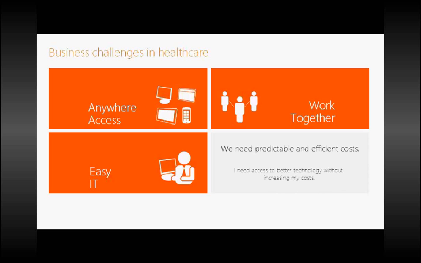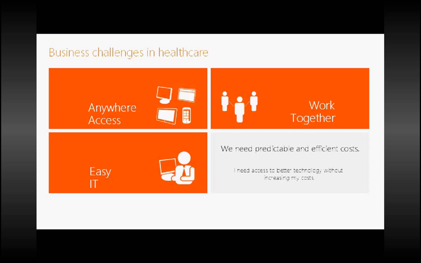We need predictable and efficient cost. Who doesn't, especially at this time? In healthcare, I understand that there are tons of issues going on all at a moment's notice, especially with billing and insurance coverage and stuff like that.